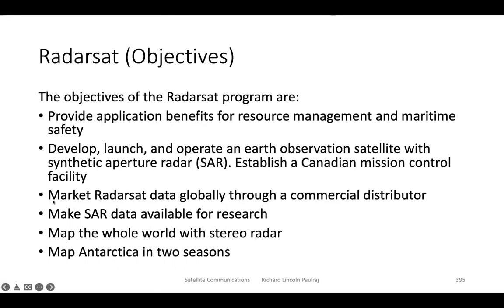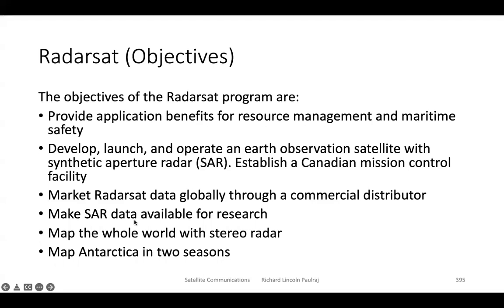And market Radarsat data globally through a commercial distributor. So they wanted all the countries to actually adopt this technology, which is Radarsat. Make SAR data available for research. So usually, what happens now: let's say we want to predict weather on Mars, right? We cannot expect all the countries to launch their satellites and start mining data from Mars, right?